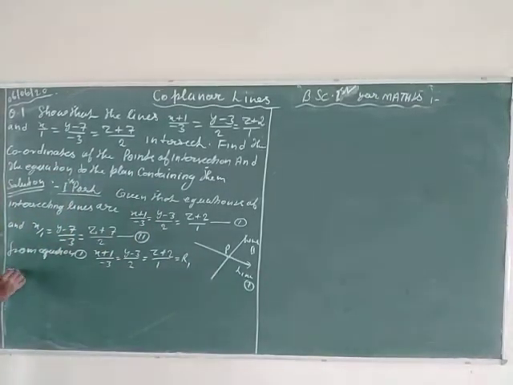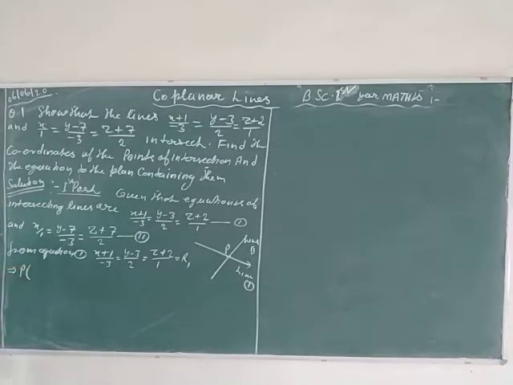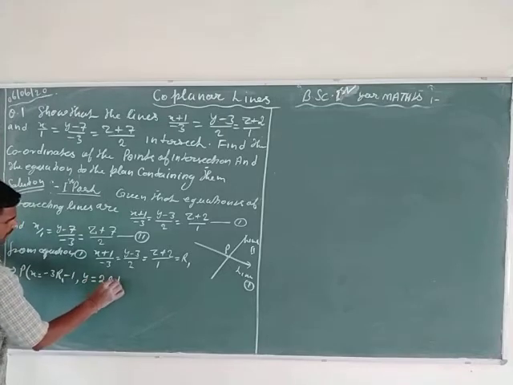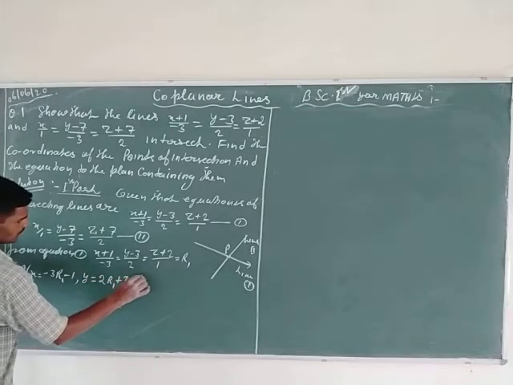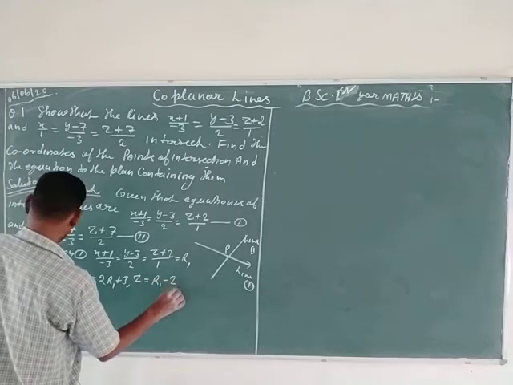Taking the ratios, the value of x is minus 3r1 minus 1, and y is equal to 2r1 plus 3, and z is equal to r1 minus 2.